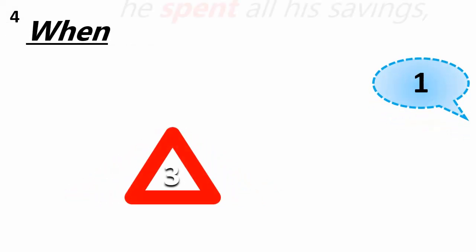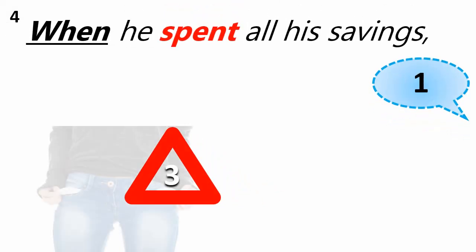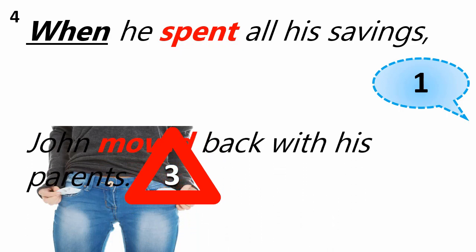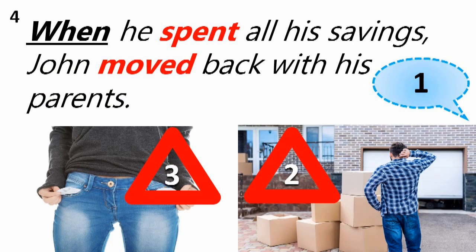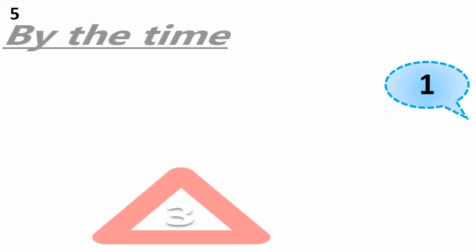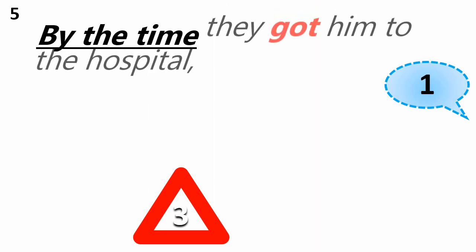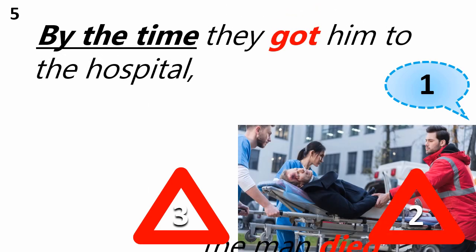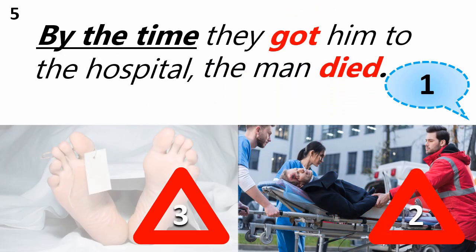Number 4. When he spent all his savings, John moved back with his parents. Number 5. By the time they got him to the hospital, the man died.